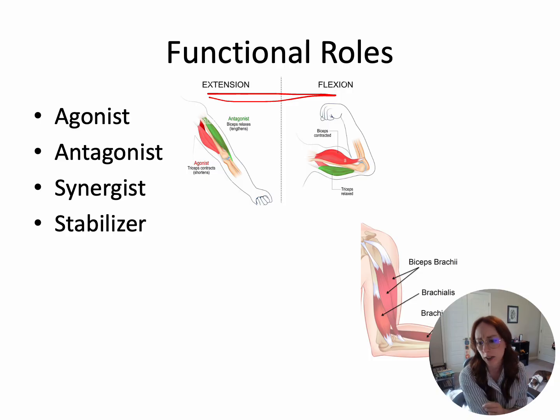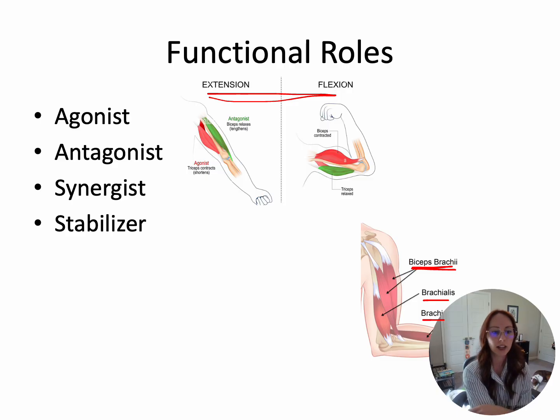And sorry, my picture's in the way here again. So the biceps brachii is your agonist, while these smaller muscles are supporting the area and still helping prevent undesirable movements at the joint. Those will be your brachialis and your brachioradialis within this area.